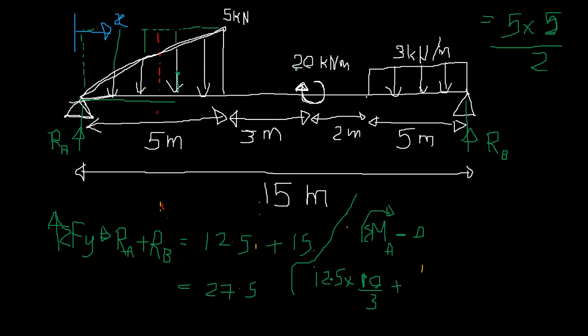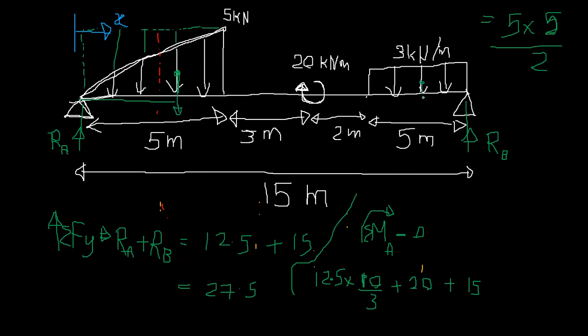Plus the bending moment, it's 20, plus the total load 15 into... Here you don't need any distance because it's a bending moment directly. Here, force, total force into the distance where the total force acts.